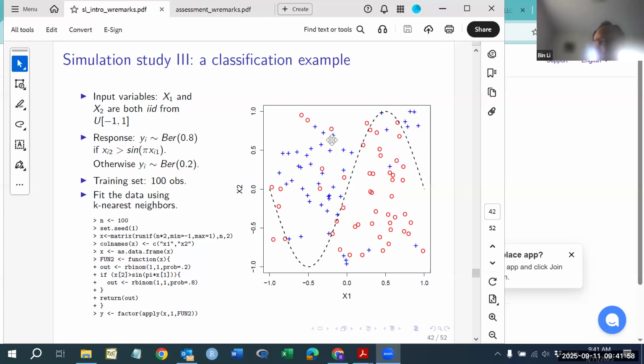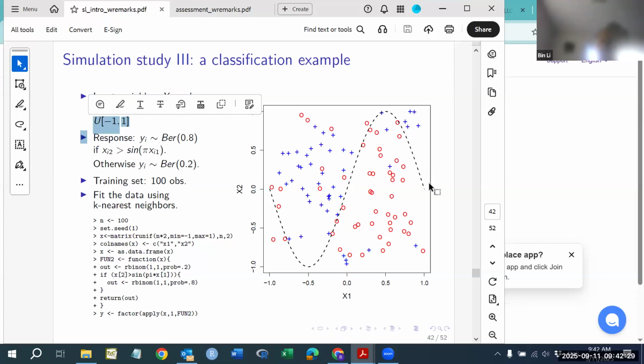Here I designed the simulation so that x1 and x2 are both IID from the uniform distribution between -1 and 1, and the response follows a Bernoulli distribution, separated by the sign function.